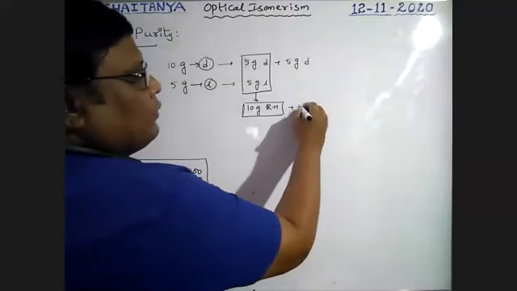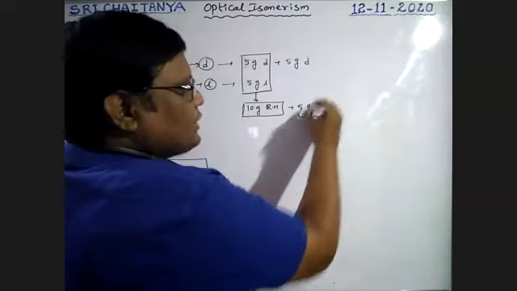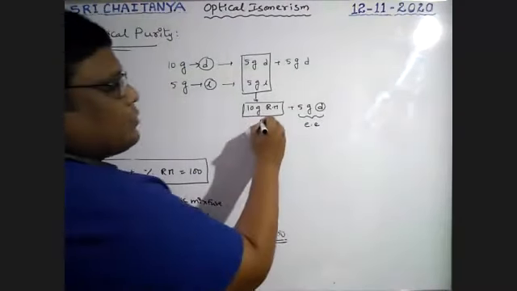The remaining 5 grams dextro is considered as enantiomeric excess. This is called a racemic mixture.